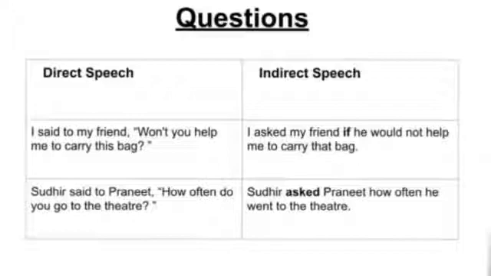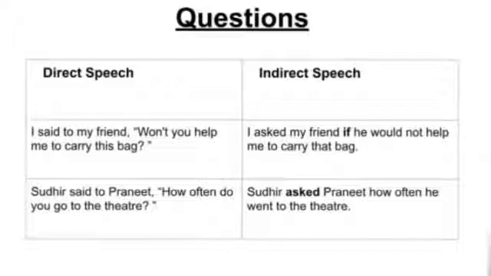With question words like which, what, when, etc., we do not use any conjunction in the indirect speech. Instead of a conjunction, we use the question word itself in indirect speech. In the case of yes or no questions, we use the conjunction if or whether in indirect speech.